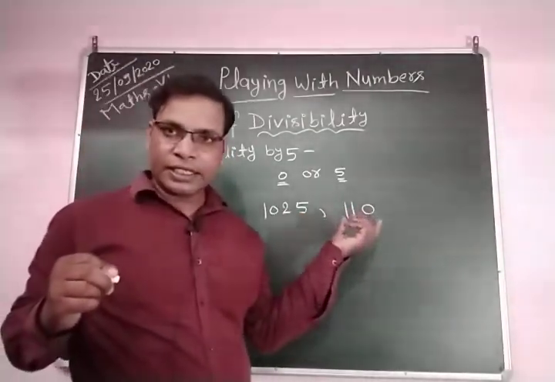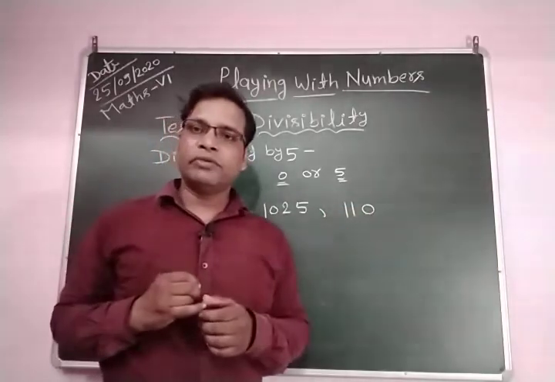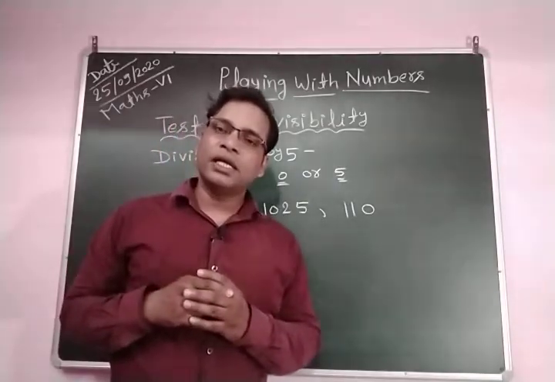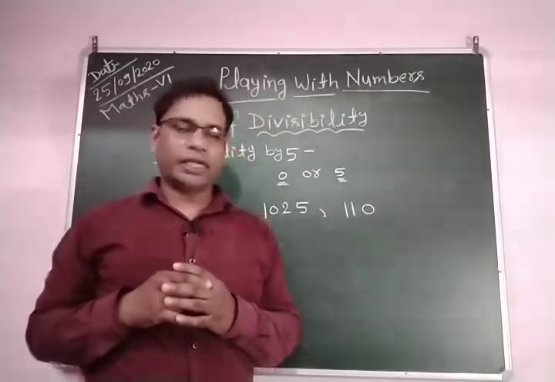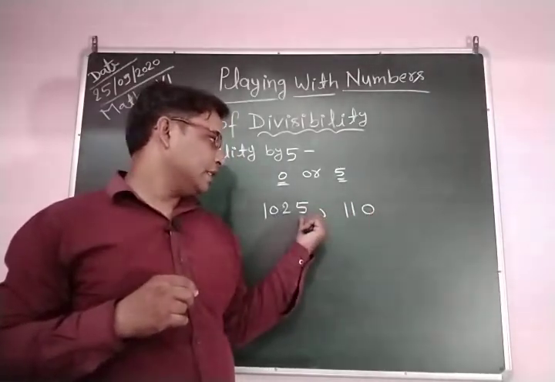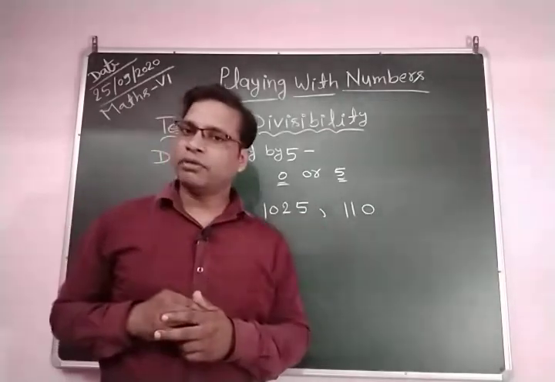Is 110 divisible by 5? Yes, because according to the divisibility test of 5, a number is divisible by 5 if its last digit is 0 or 5. Here the last digit is 0, so this is divisible by 5. In this number the last digit is 5, so this number is divisible by 5.